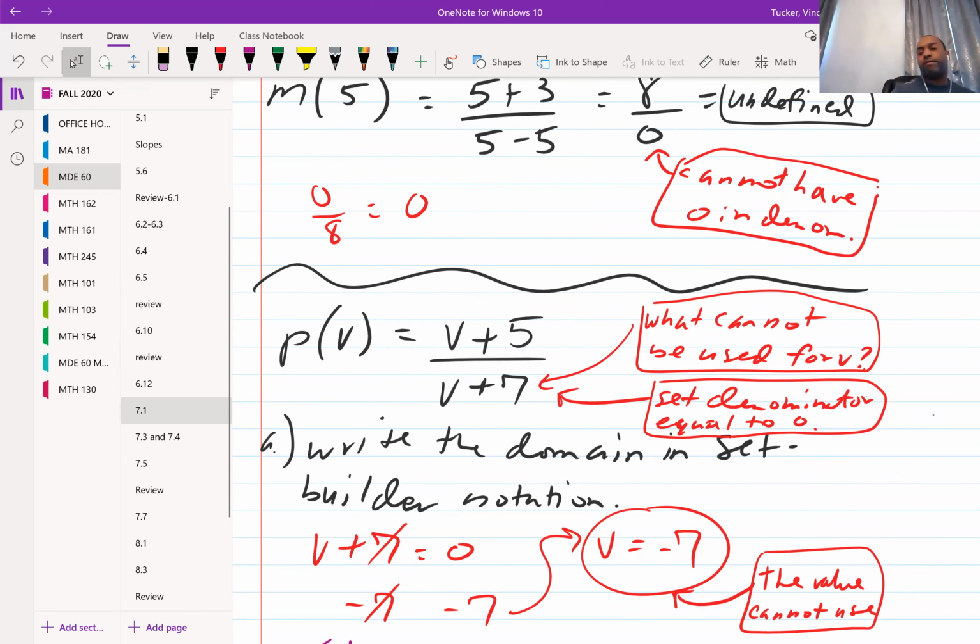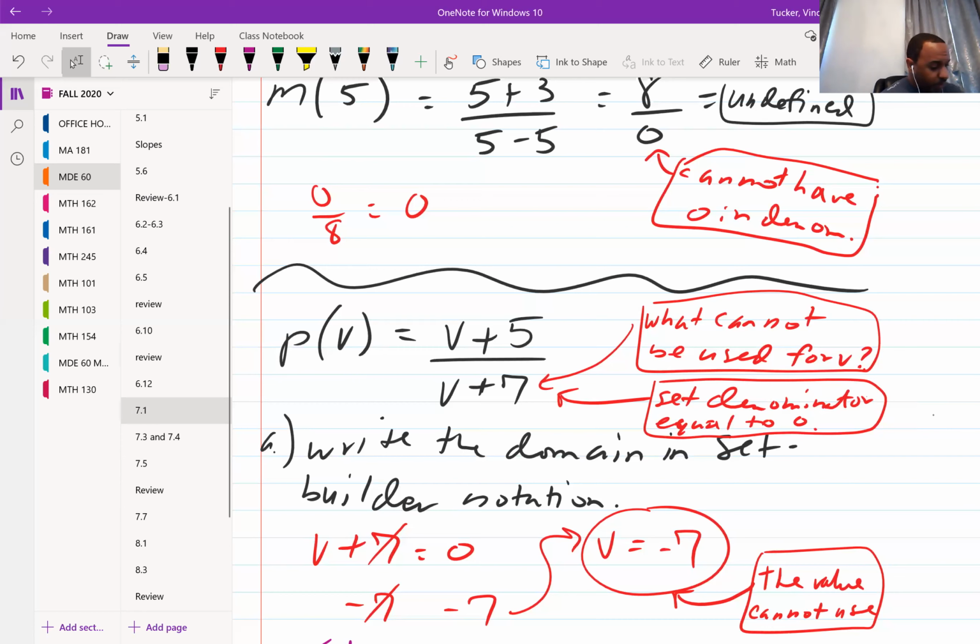And when we look at trying to find the domain, we want to look at the values that we cannot use. Because remember, we just finished talking about not having 0 in the denominator. So any value that will give us 0 in the denominator is a value that we cannot use. So we would take that denominator, set it equal to 0 and solve.